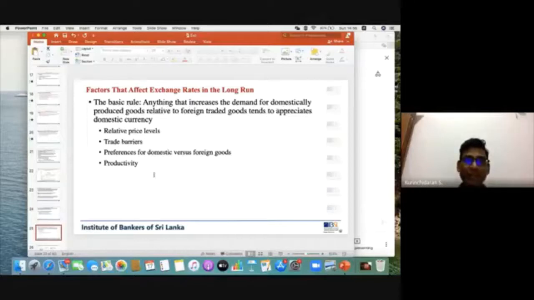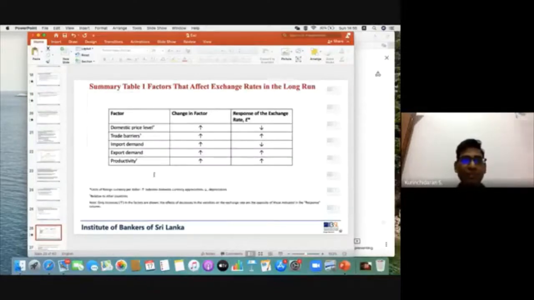Okay. In the long run, the relative price level, trade barriers, preference for domestic versus foreign goods, and productivity would have an impact on the exchange rate. Let's see one by one. The first one is the domestic price level.